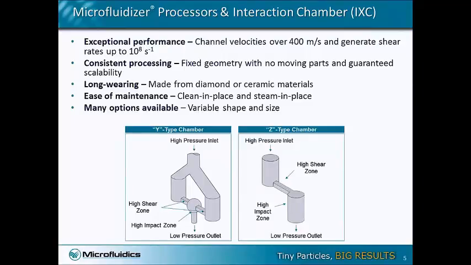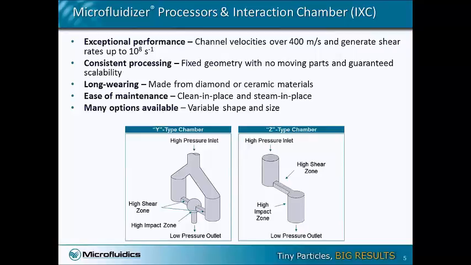The interaction chamber shown on the lower right is the Z-type interaction chamber, where there's only one microchannel, and there's also a post-channel liquid-to-chamber wall type of impact area. The Z-type interaction chamber is ideal for processing samples that contain solids, such as dispersions or particle size reductions, as well as cell disruptions.